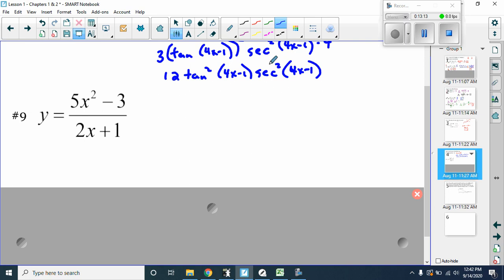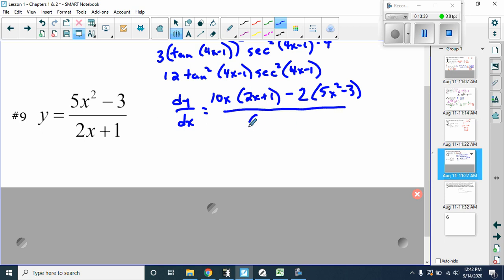So quotient rule, to get the derivative, it is low d high, so bottom 2x plus 1, times the derivative of the top, minus high d low, derivative of the bottom is 2, square the bottom, and away you go.